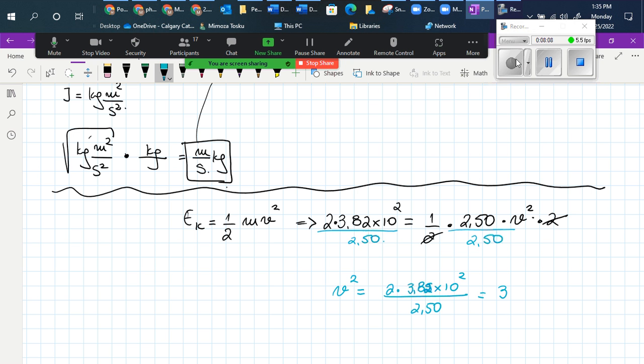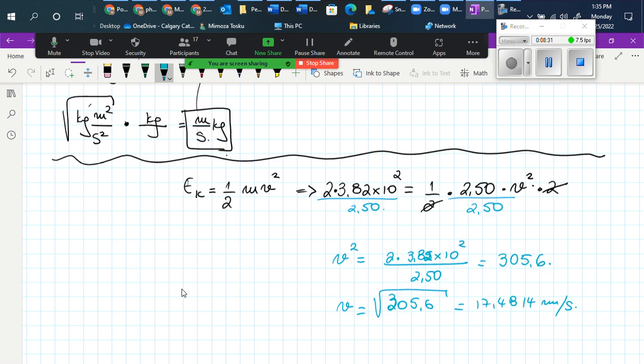So you will have 305.6. And then the magnitude of the velocity will be the square root of 305.6, which is 17.4814 meters per second.